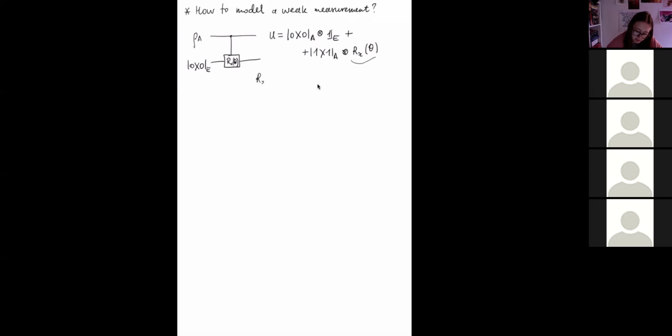And as we remember, this rotation operation is just written as e to the power minus i theta over 2 X, which in matrix form corresponds to this matrix.